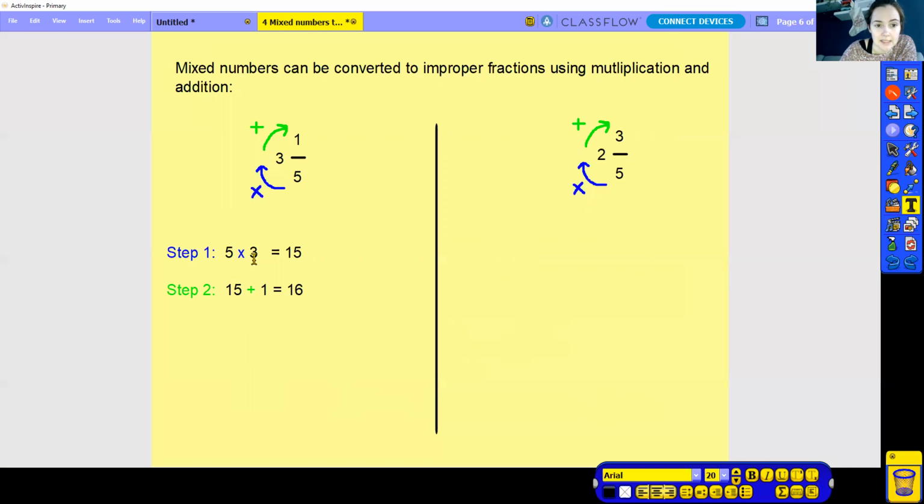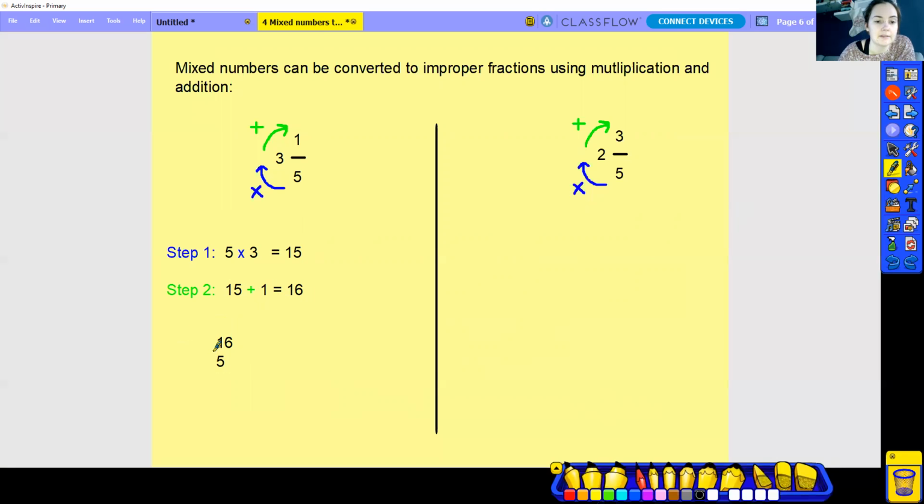So we're doing 3 times 5, or 5 times 3, which gives me 15. Then all we do is we do 15 and we add on our numerator, which is 1. So 15 add 1 gives me 16. So if I'm writing that as a fraction, I've got 16 over 5, 16 fifths, because the denominator stays the same.